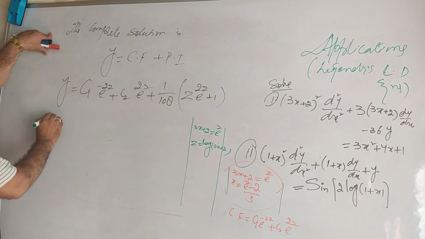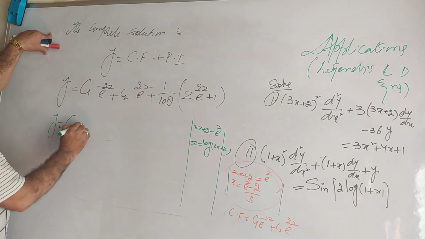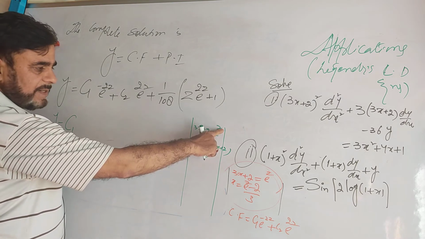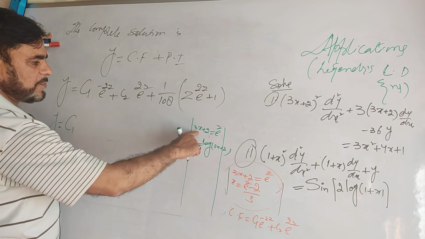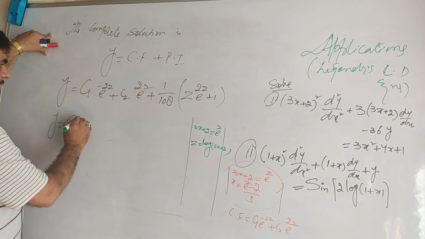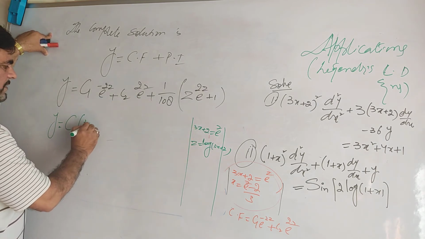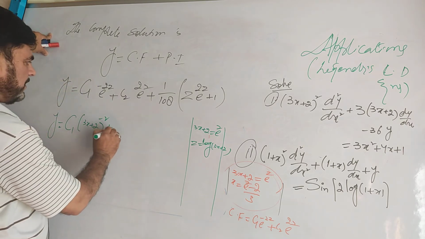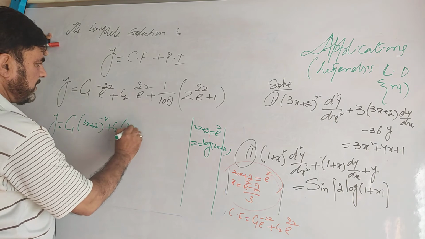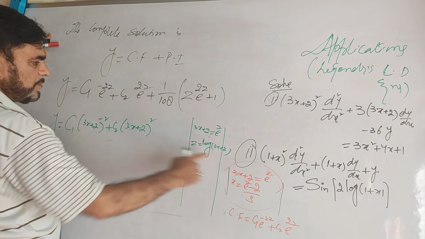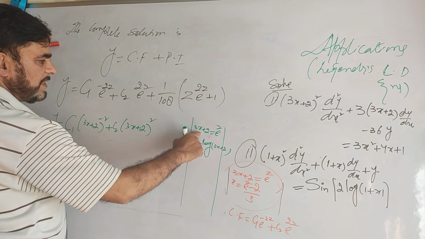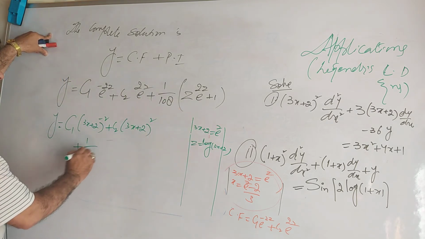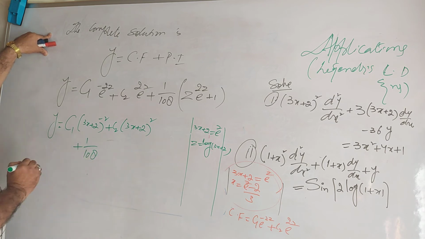Y is c1 e raised to power z; when you write e raised power minus 2z, it is 3x plus 2 raised power minus 2. Similarly here, c2 3x plus 2 raised power 2, which is e raised power 2z. This is okay. Then plus 1 by 108.